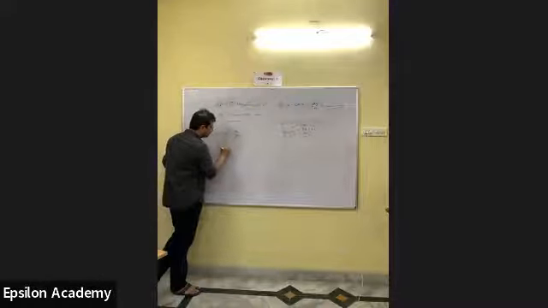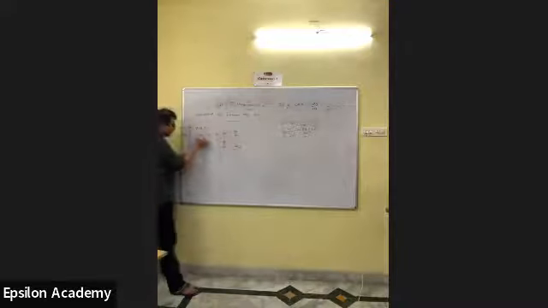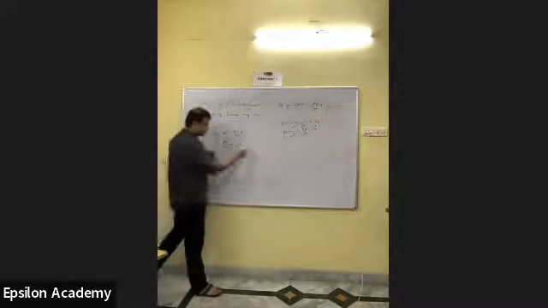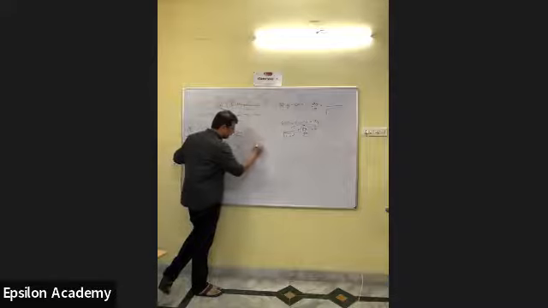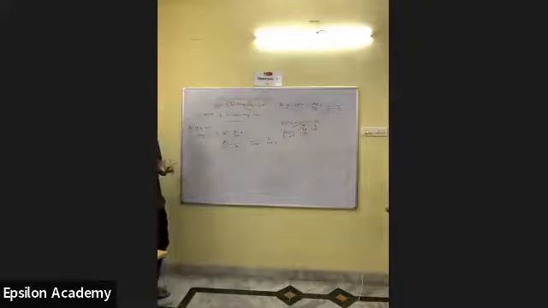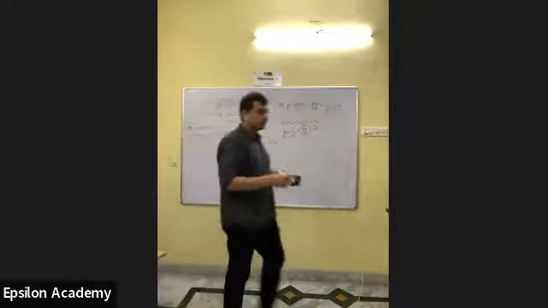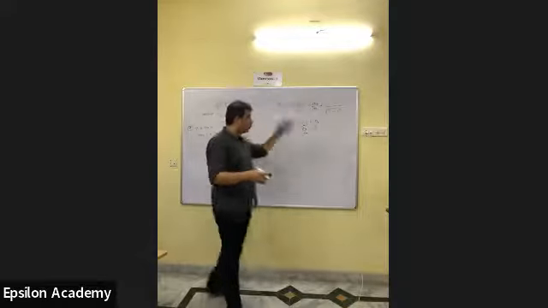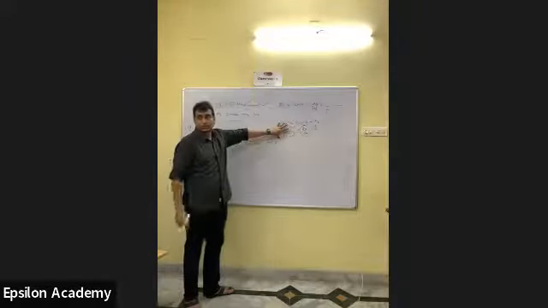So dy by dx is 1 by secant square y. How can you write secant square y in terms of tan y? 1 plus tan square y. And this will be 1 by 1 plus x square. So for cot inverse x it is minus 1 by 1 plus x square. You need not sit and do the whole thing. You can use this logic.